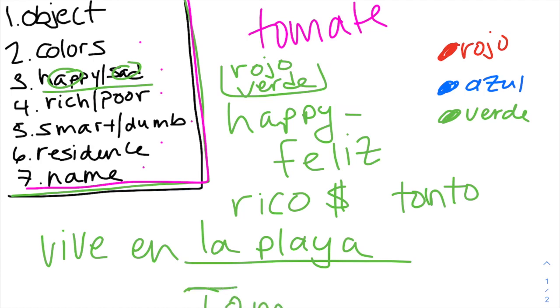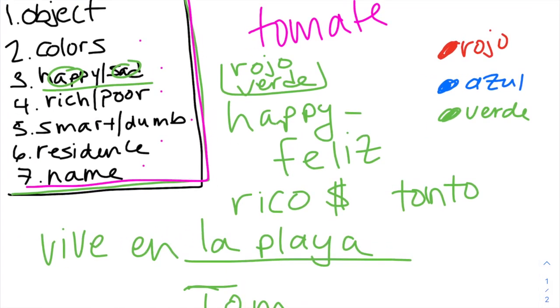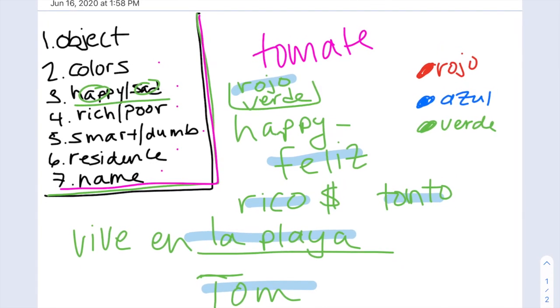Tom el Tomate. And so basically you can just go through and ask questions like de qué color, cómo está, es rico o pobre, es inteligente o tonto, dónde vive, cómo se llama. So this can be as long or as short as you want.